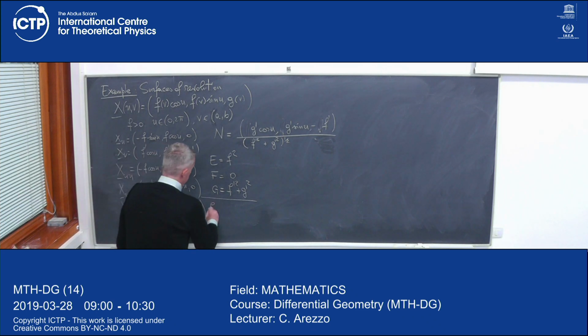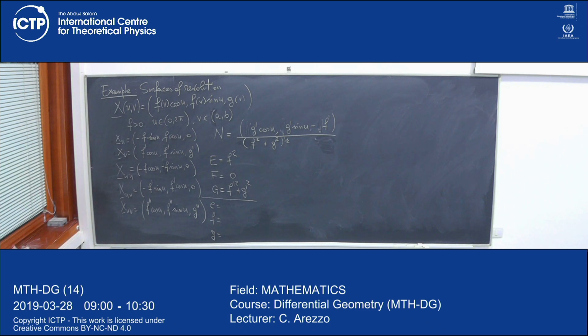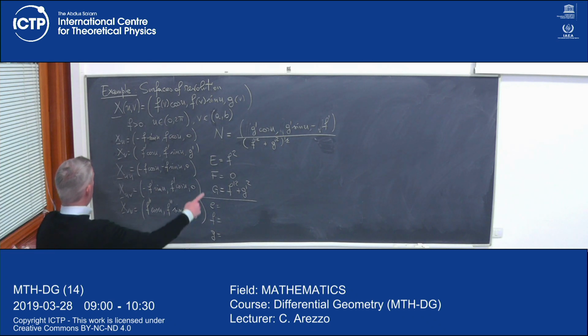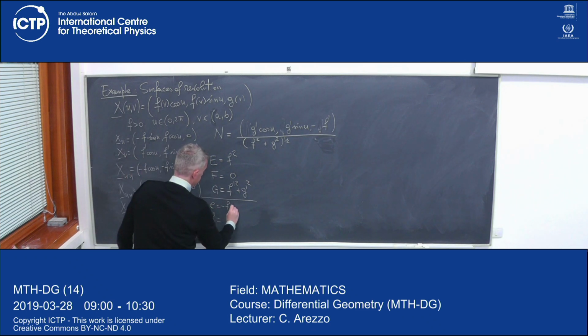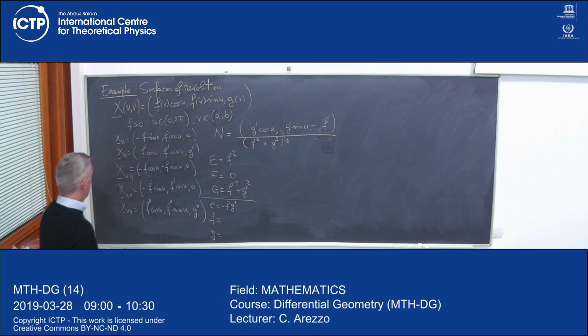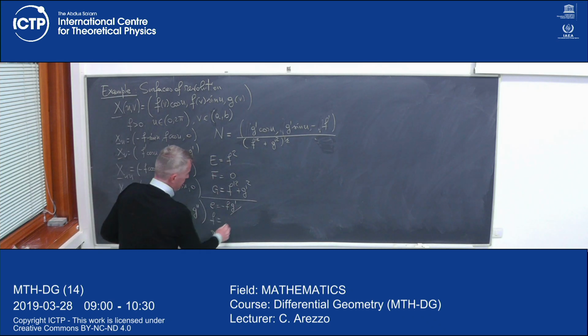So how much is little e, little f and little g? Of course, no confusion between f, g, and the functions which are rotating. N dot XUU becomes minus f g prime cos squared minus f g prime sine squared, so it's minus f g prime, divided by the denominator.